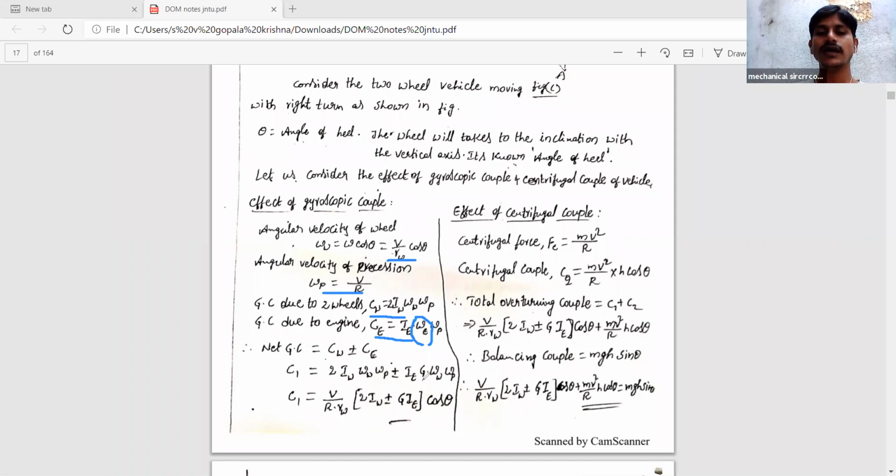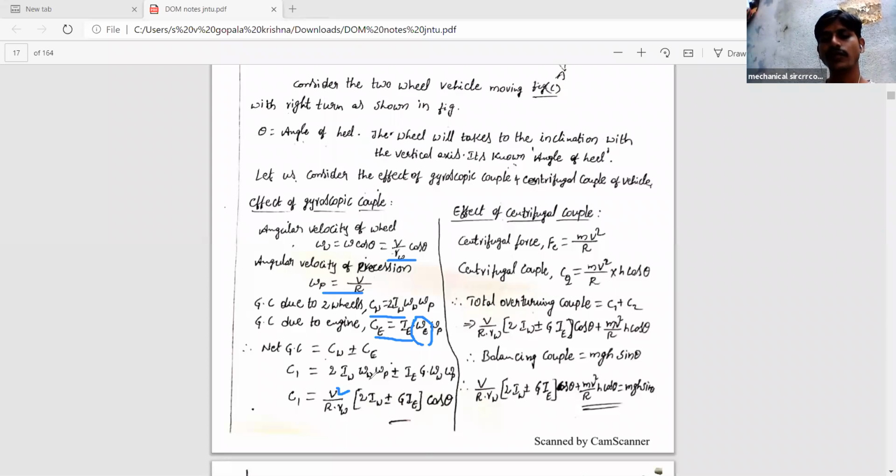Again we replace omega suffix w with V by small r cos theta, and omega suffix p with V by capital R. Here one term is missing, the square. V into V means V square.